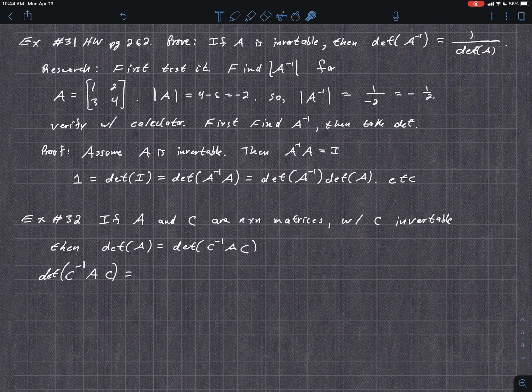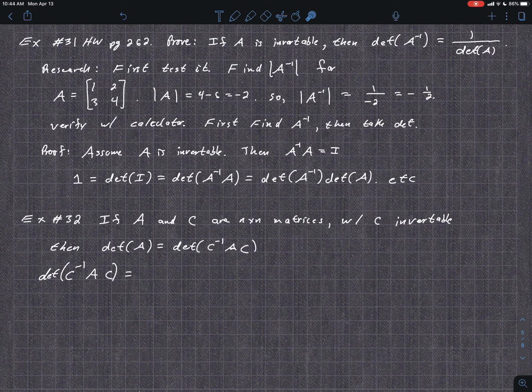So that's the property. Then find the inverse of A on your calculator or by hand, and then hit a determinant, and you'll get negative 0.5. So I tried it on mine, worked out good.